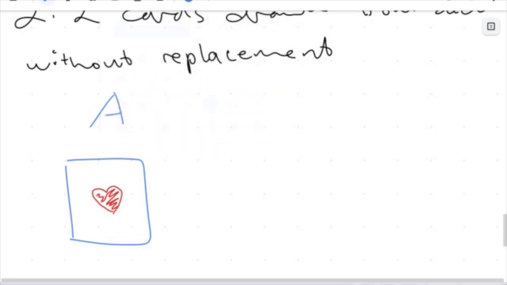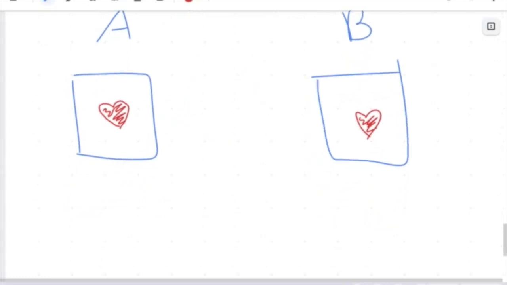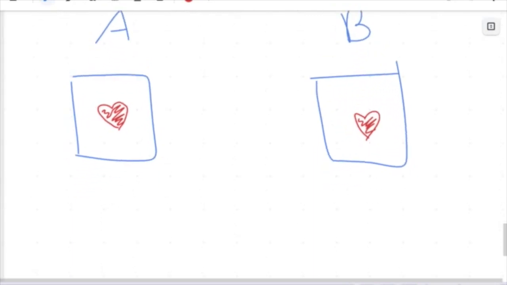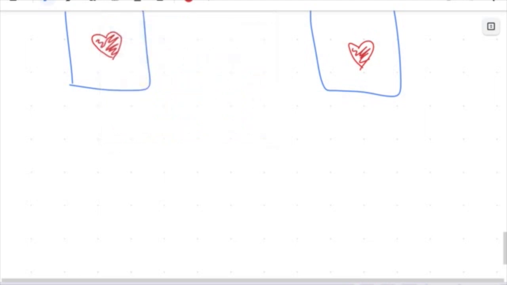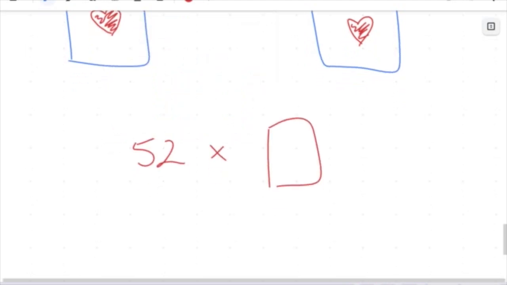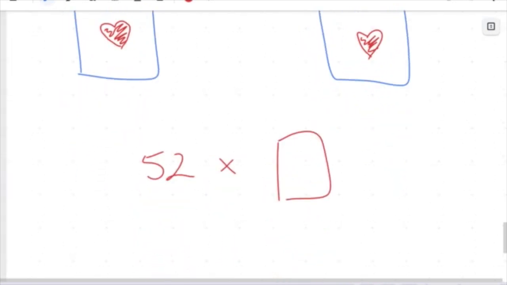And the second card, B, is also a heart. Okay. Now just picture a deck of cards. We have 52 cards. I pull one out, I pull out card A.